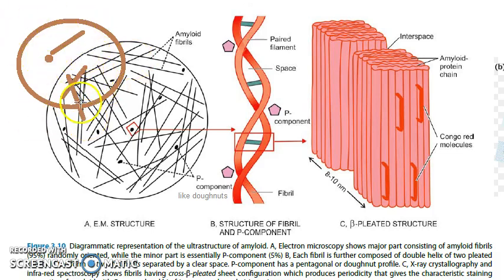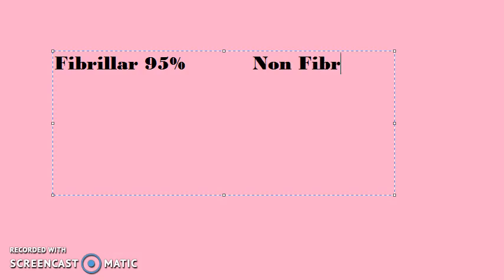Fibrillar will be 95% and non-fibrillar will be 5%. Let's go into the details. There will be fibrillar components 95%, then you have the non-fibrillar 5%.